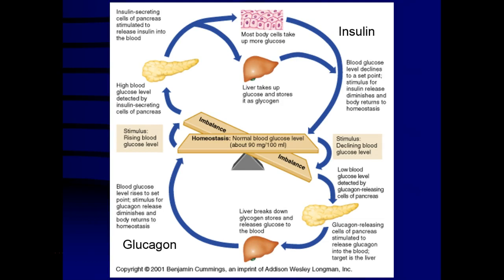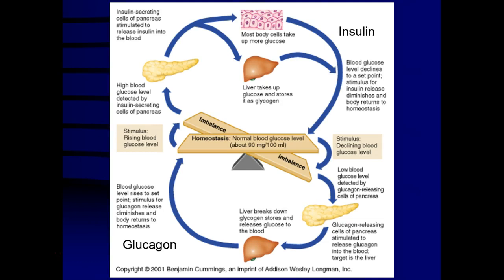And what this means is this glucagon goes to your liver and stimulates the liver to start breaking off glycogen. Now, I forgot to mention what happens to the excess amount of glucose after you eat.